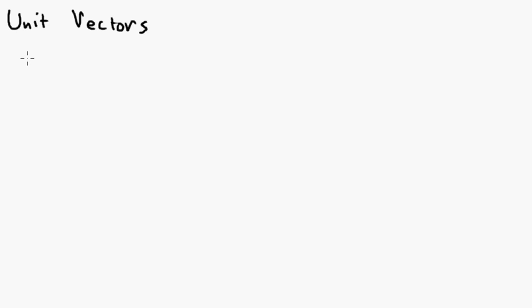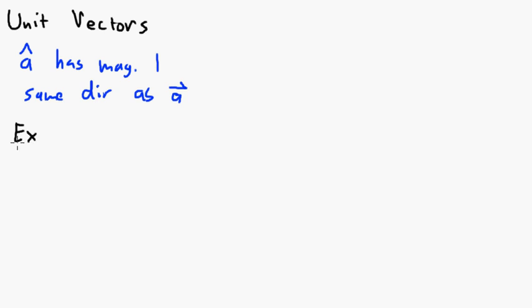So we're going to define A hat as the unit vector, and A hat has a magnitude of 1, and it's in the same direction as our vector A. So this is useful if we have, for example, and I used A here, so I'll go with an example of acceleration, but it's important to understand this applies to any vector at all.